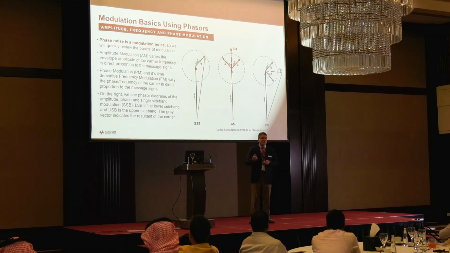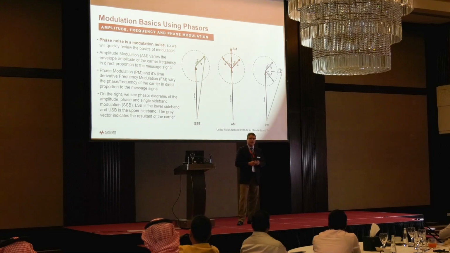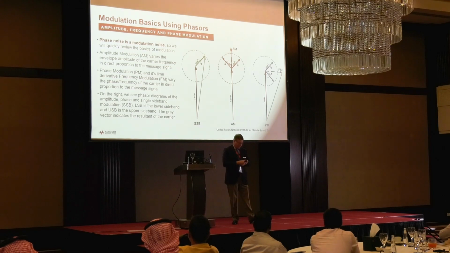And in the case of phase noise or phase modulation, we actually also have two signals rotating in opposite directions, the upper sideband and lower sideband, that cause not an amplitude variation, but a PM variation. And actually there is an AM component as well, but it's the PM, the phase modulation, that we are interested in characterizing as phase noise.